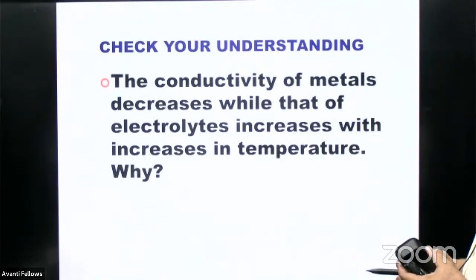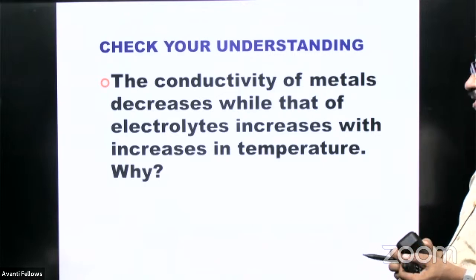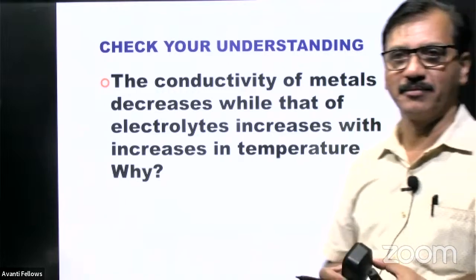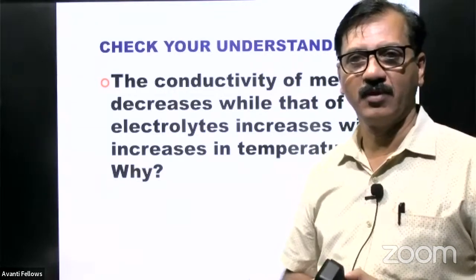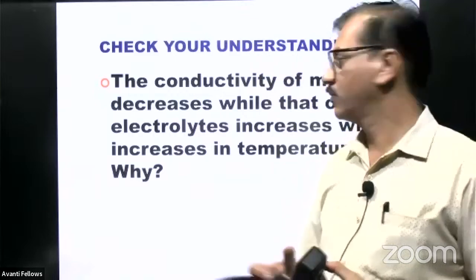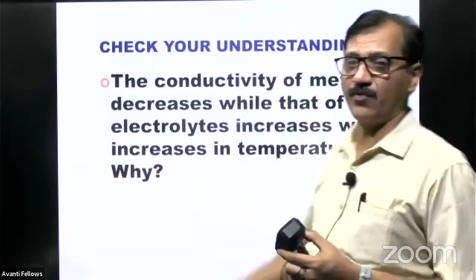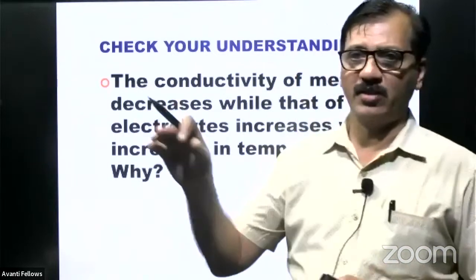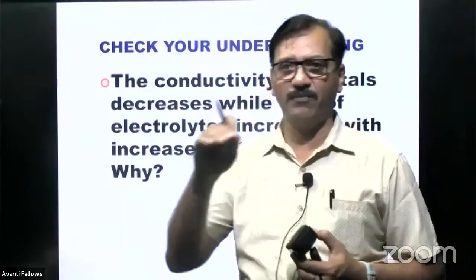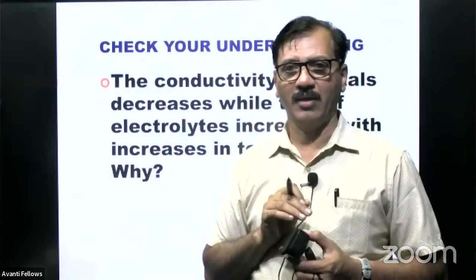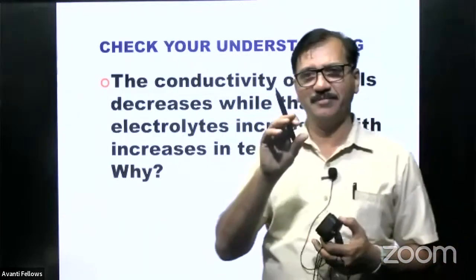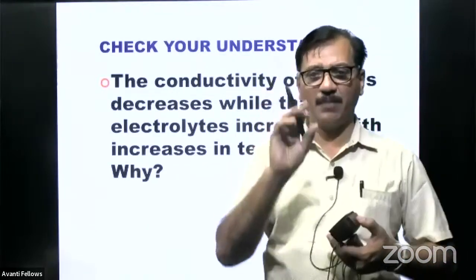The conductivity of metals decreases, while that of electrolytes increases, with an increase in temperature. Why? The temperature factor. For metals, an increase of temperature decreases conductivity. In a metal, there are kernels and moving electrons. When the temperature is low, the kernels sit in one place.